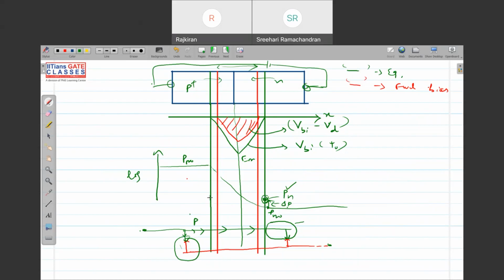Also there will be a change in electrons, so if you plot the electron also, it will be similar. The electron charge will be more here. There will be a change delta n in the P side and a change delta p in the N side. So what is the change in the junction? That is my question.